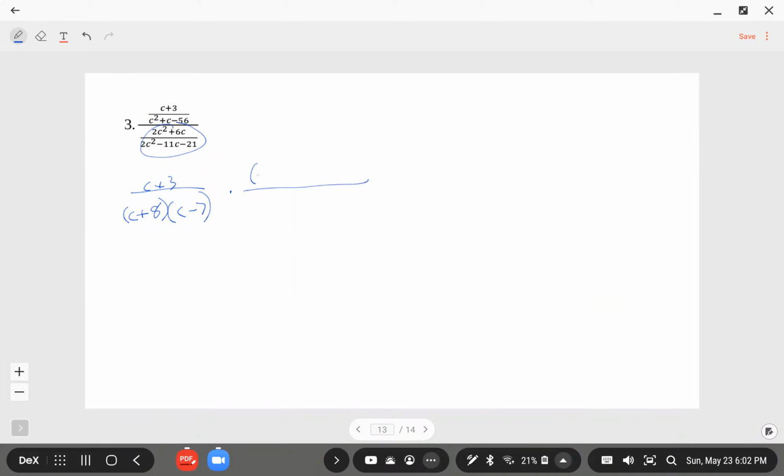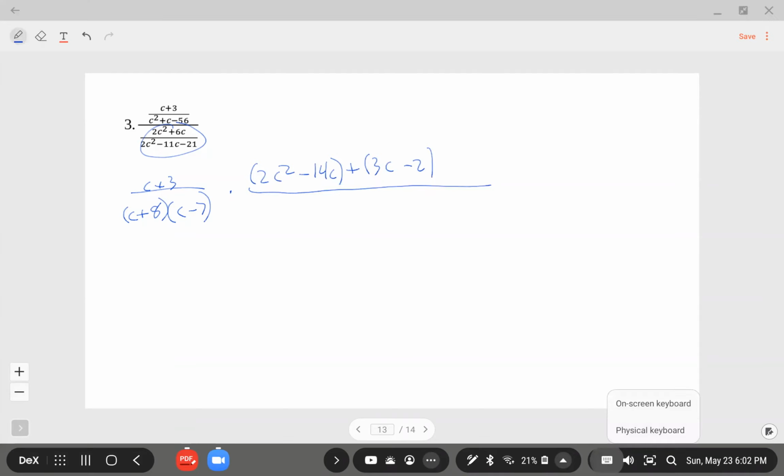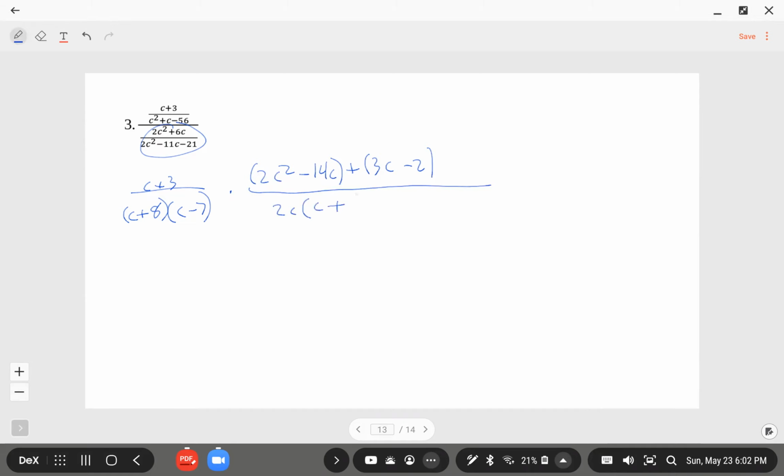All right, so 2c squared minus 14c, plus 3c minus 21. This line needs to be bigger. And then lastly, we have the 2c times c plus 3. What can we eliminate from the very start? C plus 3.